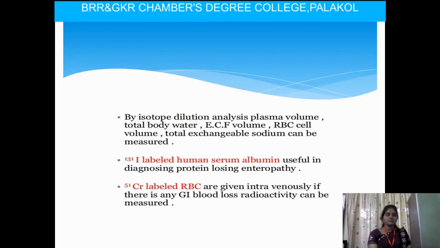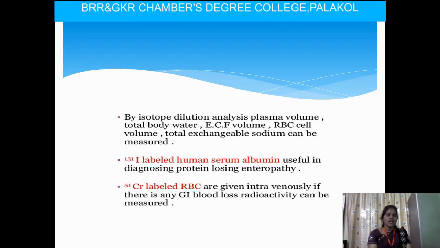So here not only that, we can also study membrane transport. In the membrane we have different types of ions, and how these ions are carried can also be assessed by using these studies.